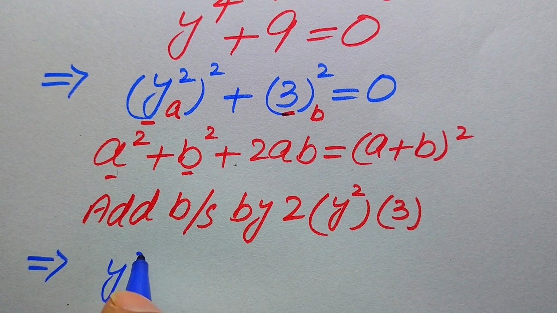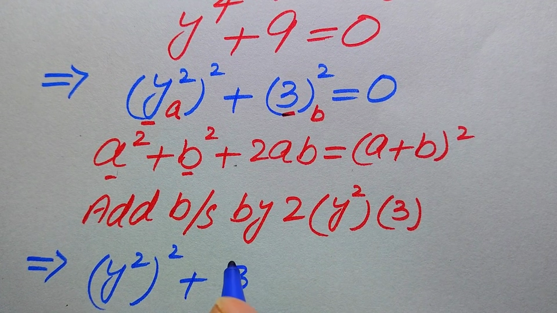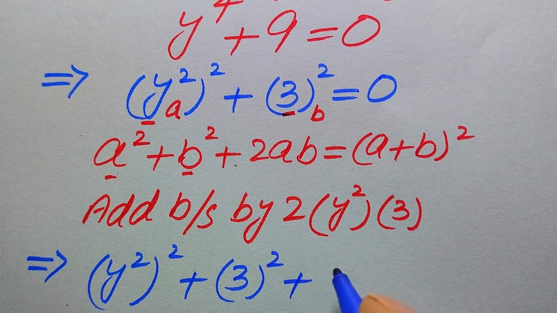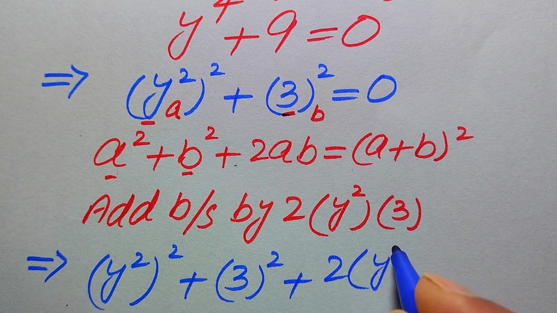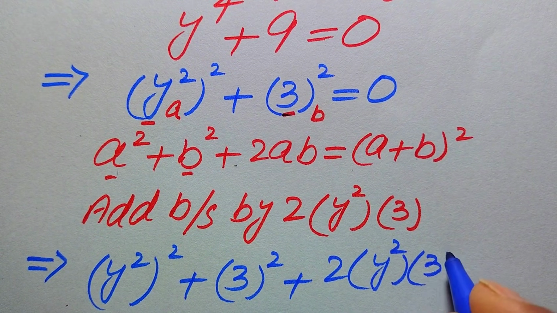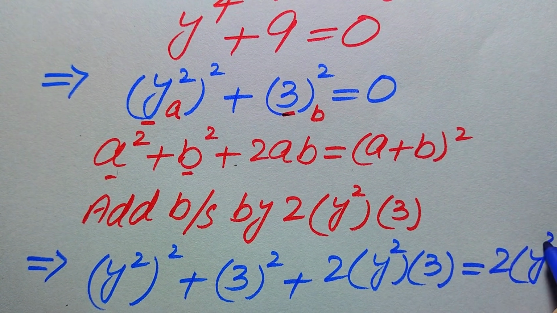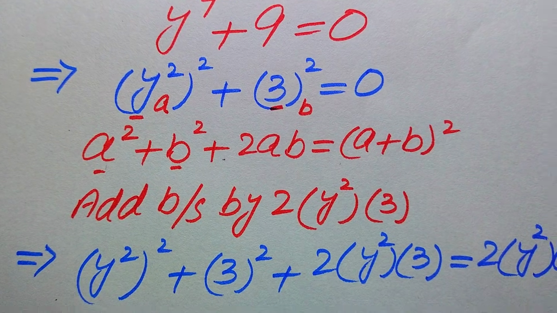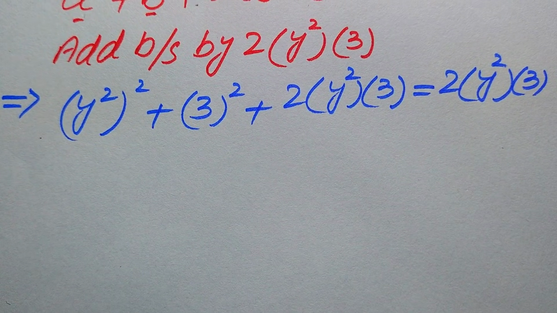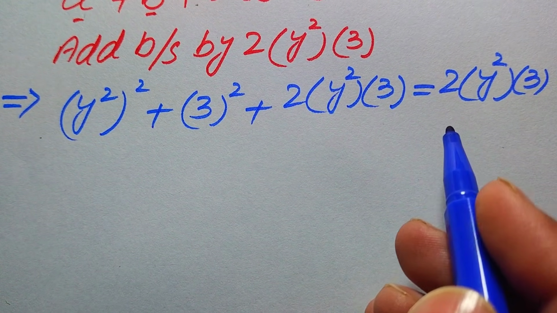So we have y square and its whole square plus 3 square plus 2 times y square into 3 is equal to 2 times y square into 3. Here we add 2 times y square into 3 on both of the sides.